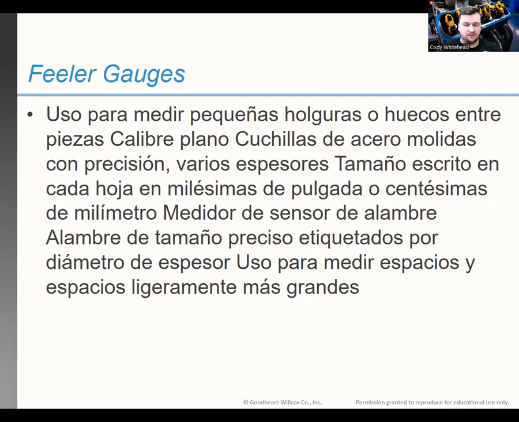So you'll slide them in the gap you're trying to measure. Whatever has a slight drag, that's your measurement. You'll read whatever measurement is on that blade, and that's your measurement.